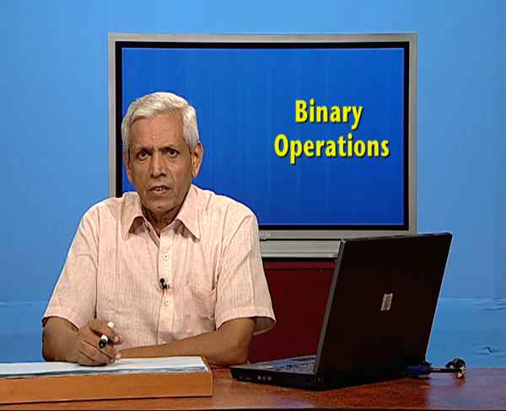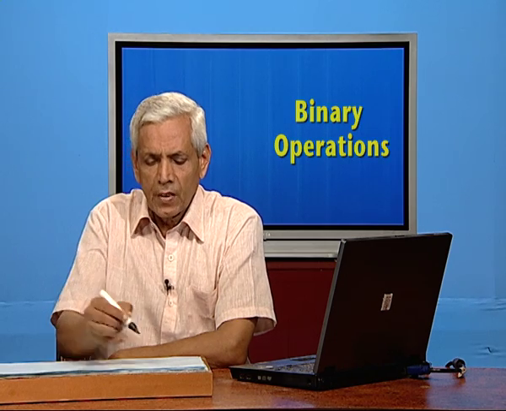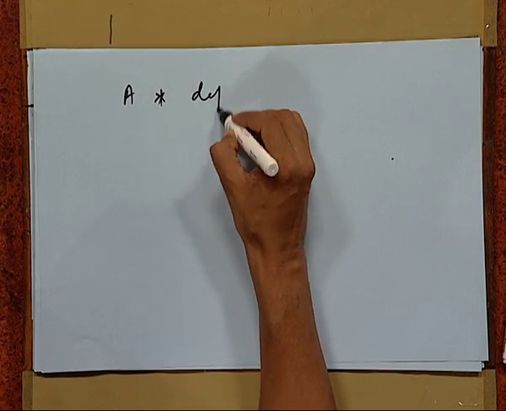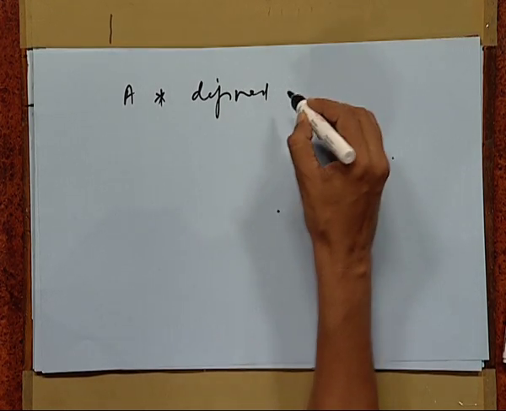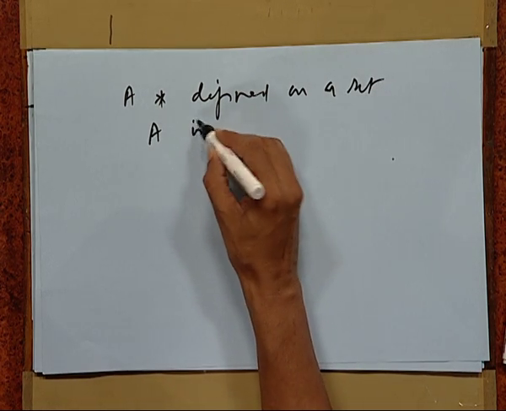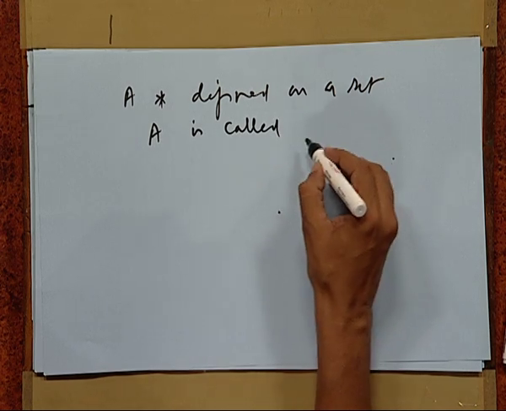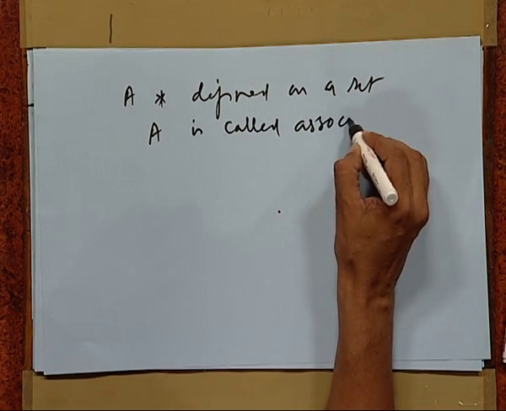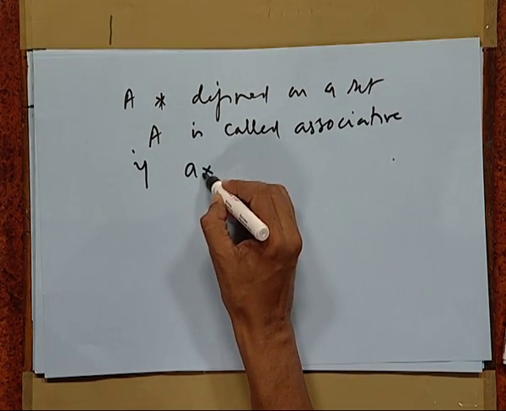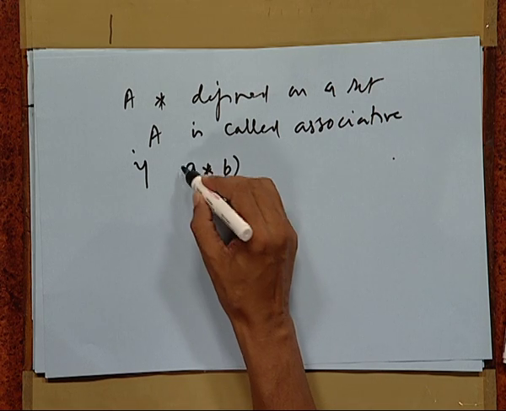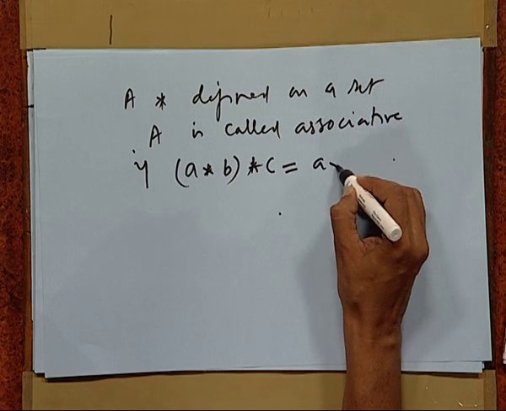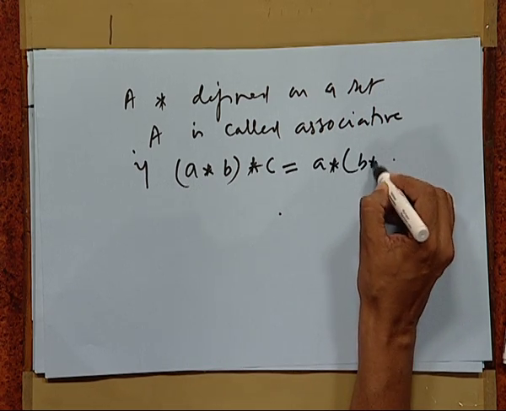One more type is associative. A binary operation star defined on a set A is called associative if (A star B) star C is equal to A star (B star C).